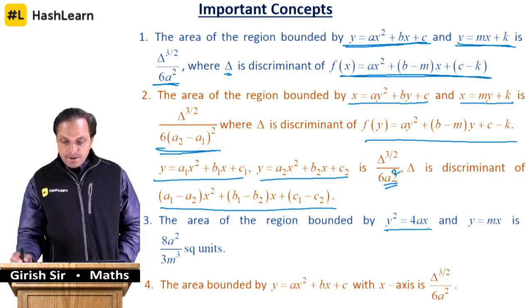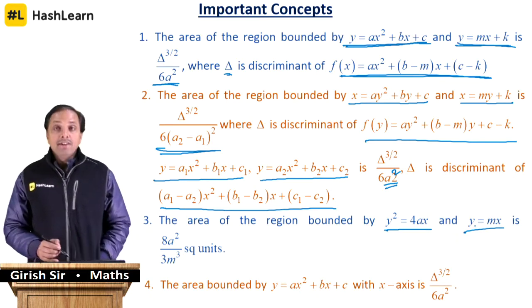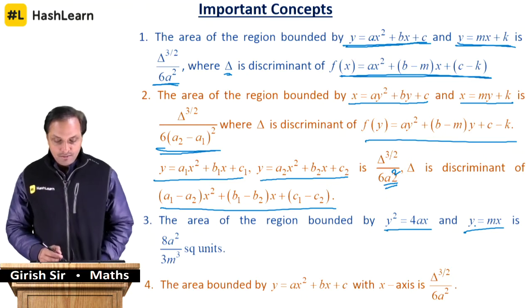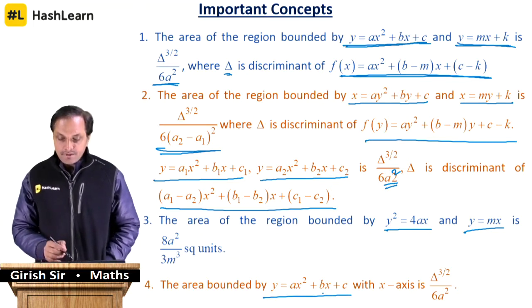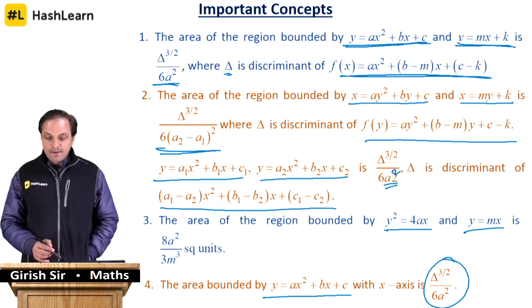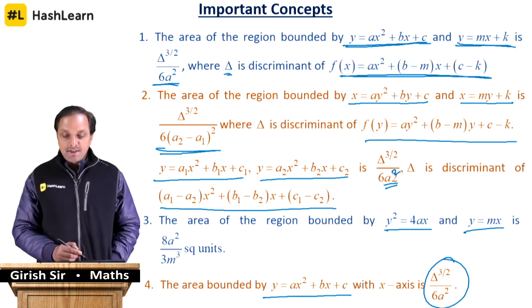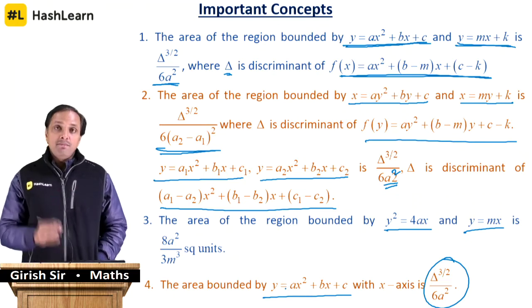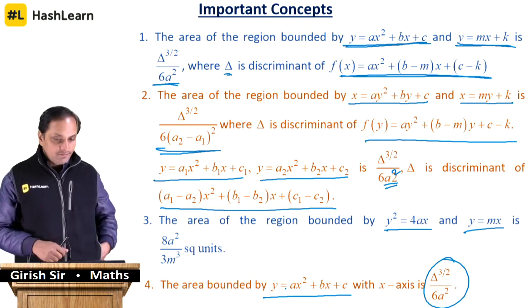Similarly, when you have y square is equal to 4x and y is equal to mx, the area is 8a square by 3m cube. When you have y is equal to ax square plus bx plus c with the x axis, it is del power 3 by 2 by 6a square, where del is your discriminant, b square minus 4ac.